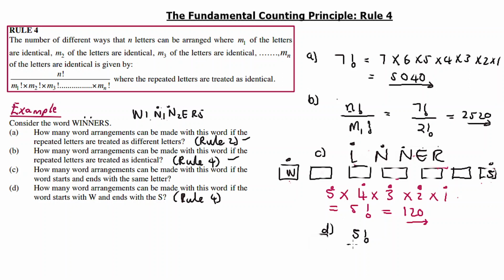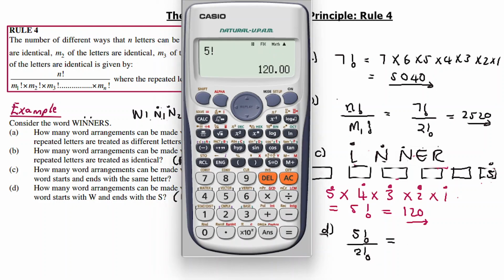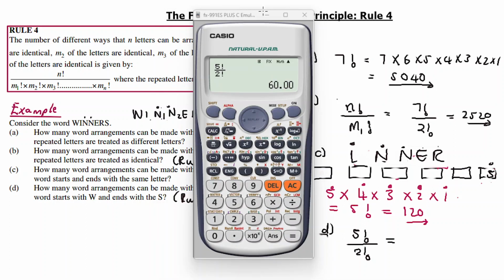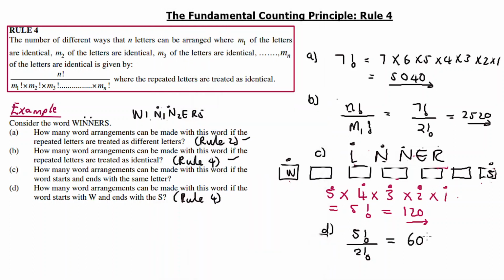So it's 5 factorial divided by 2 factorial, because N and N are repeated letters, or identical letters. 5 factorial divided by 2 factorial, the answer is 60. So our answer is 60.